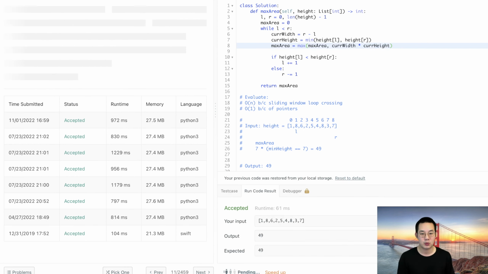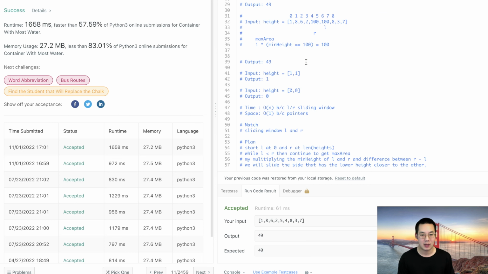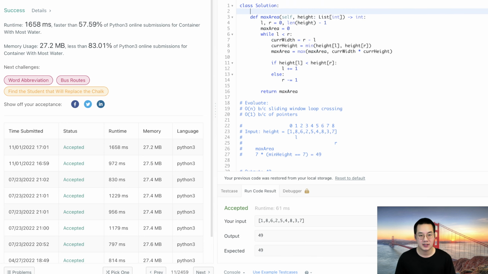And I think this looks pretty good. It's a little bit more readable, and we can also add comments. So the comment is find max area within a container.